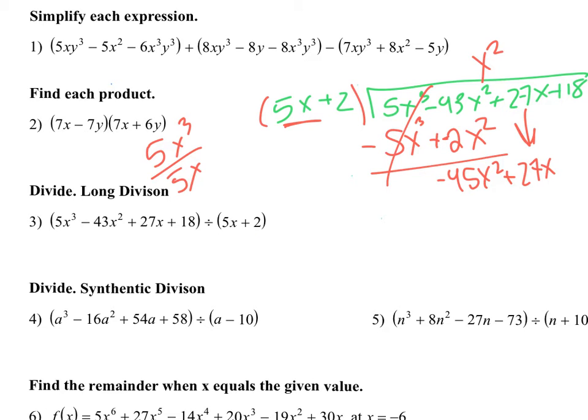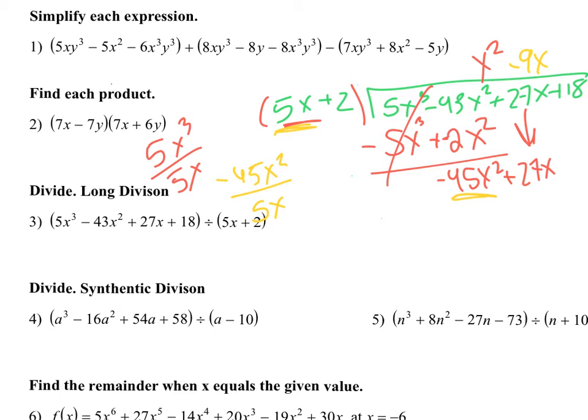Then we do the same thing again, 5x into negative 45x squared. Well, that's going to be negative 9x, if we did our math on this side. Sorry, I'm trying to make my 5s better. There we go. Negative 45x squared over 5x.